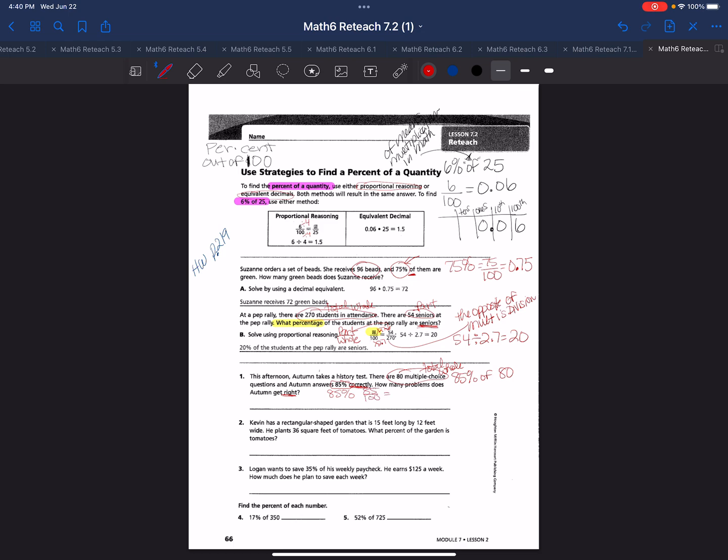That's 85 hundredths, or I can write it as a decimal. And then I go ahead and multiply 85 hundredths times that total amount of 80. Remember to count your decimals. So how many do we have? 1, 2, so we have to put the decimal here. So it equals 68 questions she got correct.